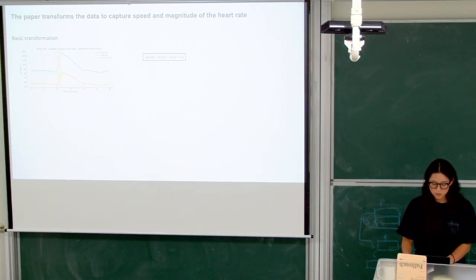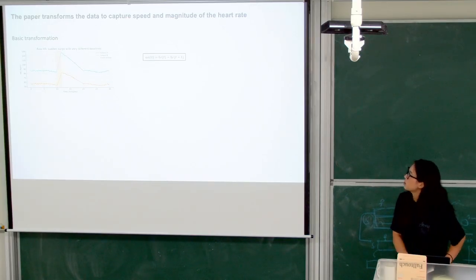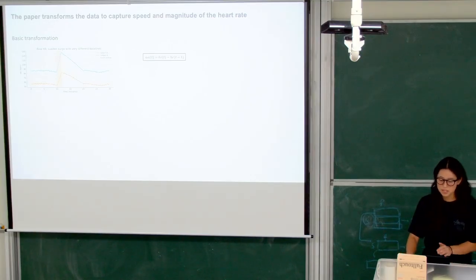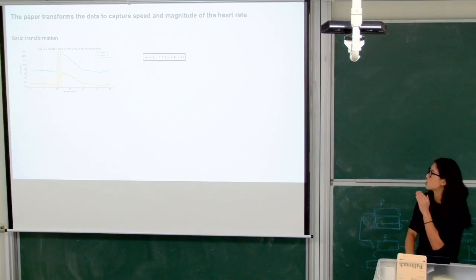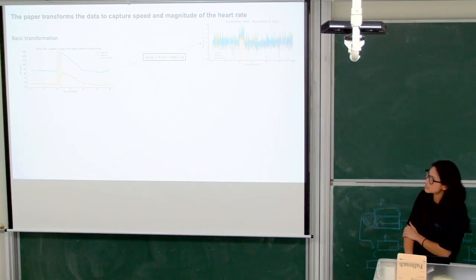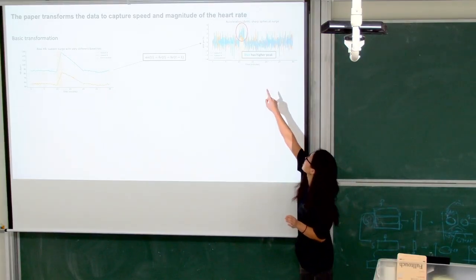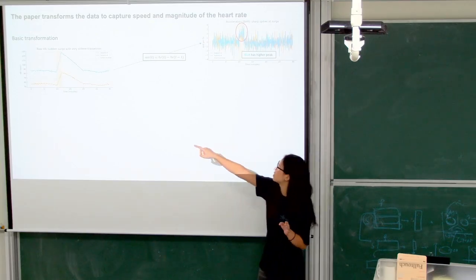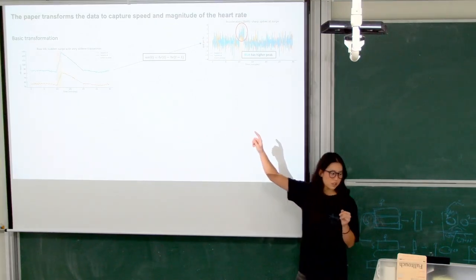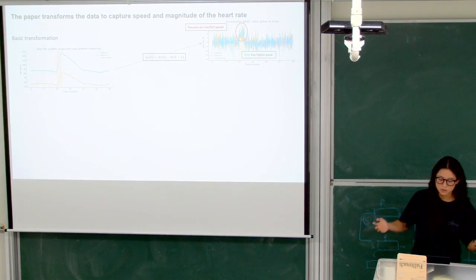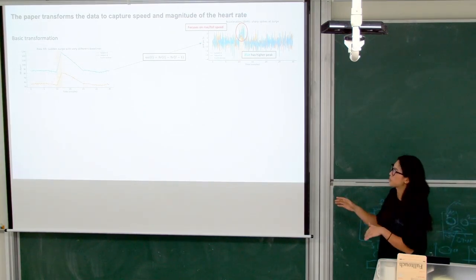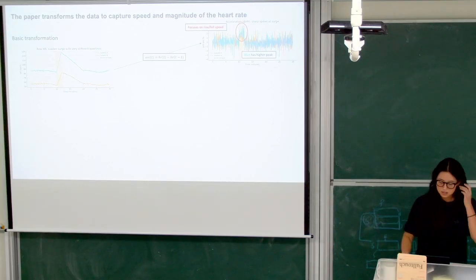They get the acceleration of the heart rate, meaning the differences at each time step. I don't know if you can see, but the blue line has a higher peak, and this is because the blue has a higher slope. So it represents the rise-fall speed of the heart rate.